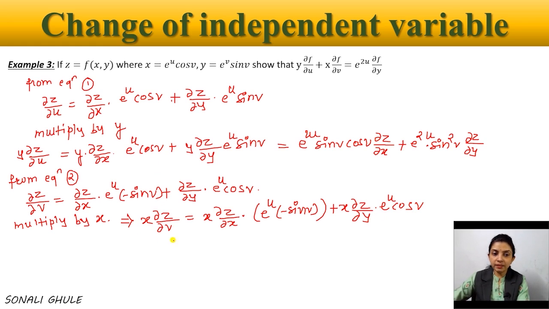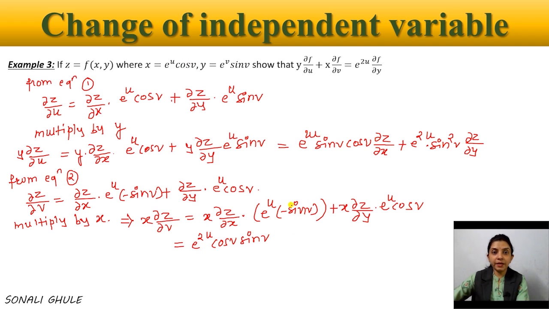Yes, simplify the terms. What will I get here? Put the value for x. What is the value for x? e to the power u cos v. So see here, this will become e to the power 2u cos v sin v.